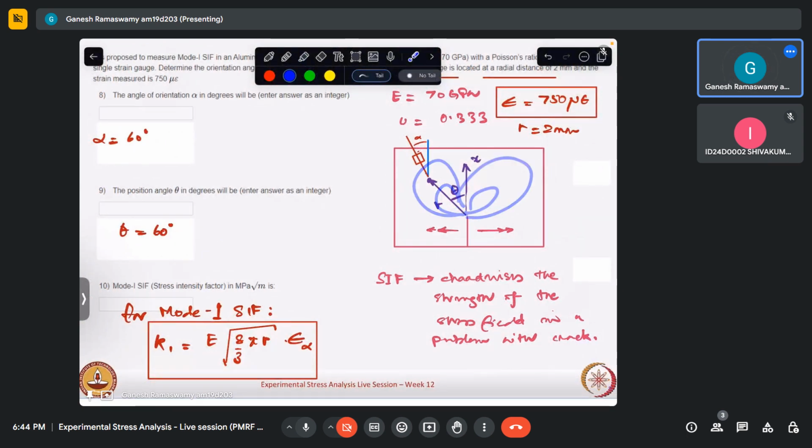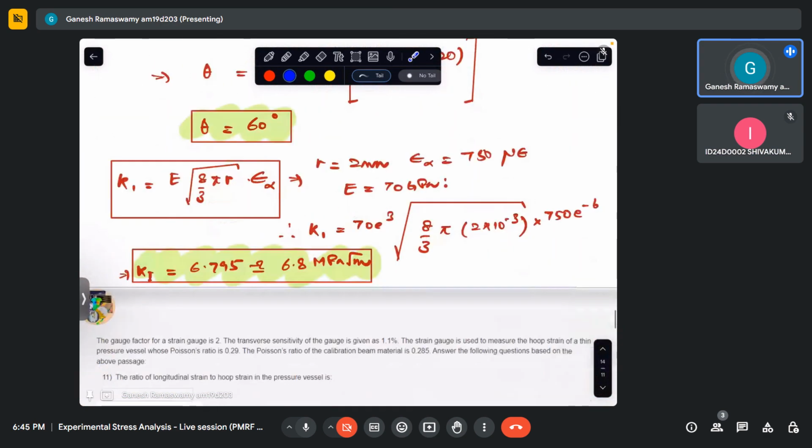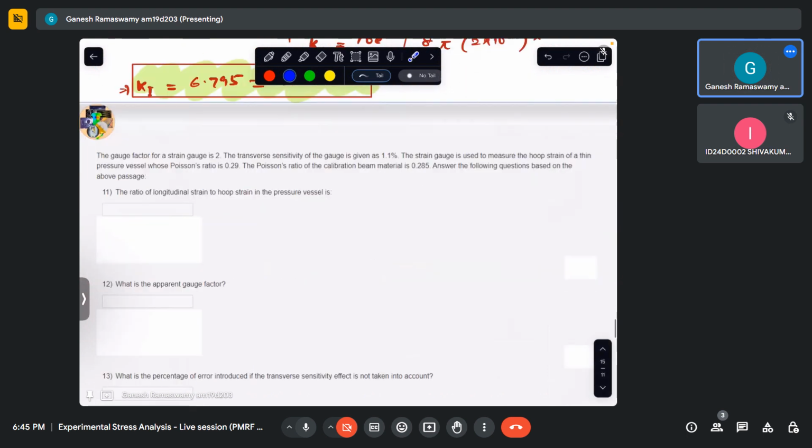We also remember from photoelasticity, we will see it in terms of isochromatics like this for the K1 case, the opening mode case. So this is just to illustrate an example where, using a single strain gauge, one can calculate the strength of the stress field around the crack tip.